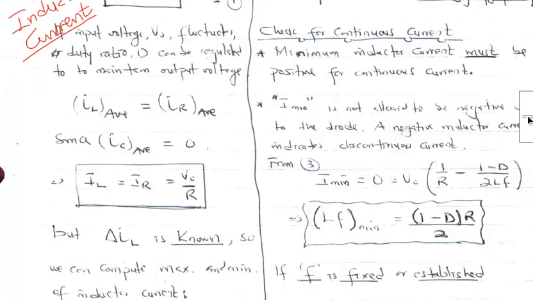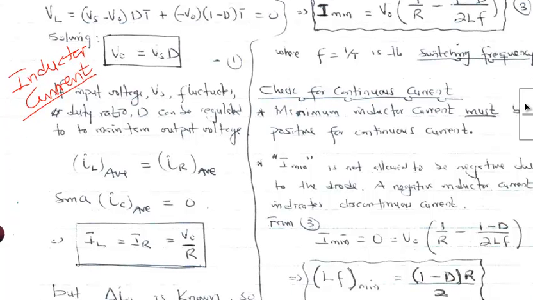The input voltage we know fluctuates, and when the input voltage changes, our output voltage is also going to change. So if you look very closely, if my input voltage Vs changes, it means my output voltage is going to change.